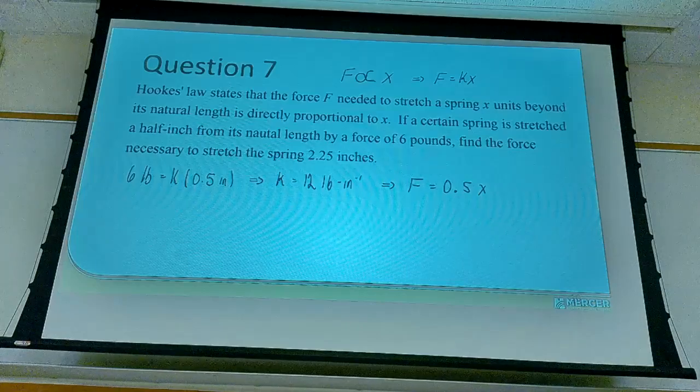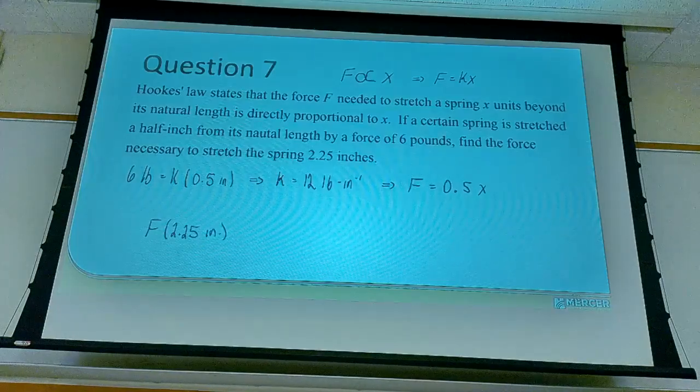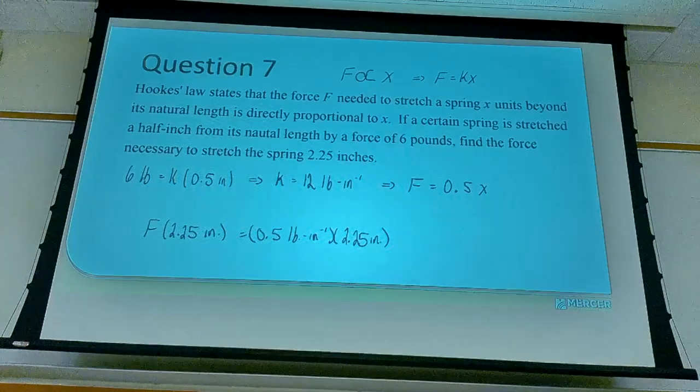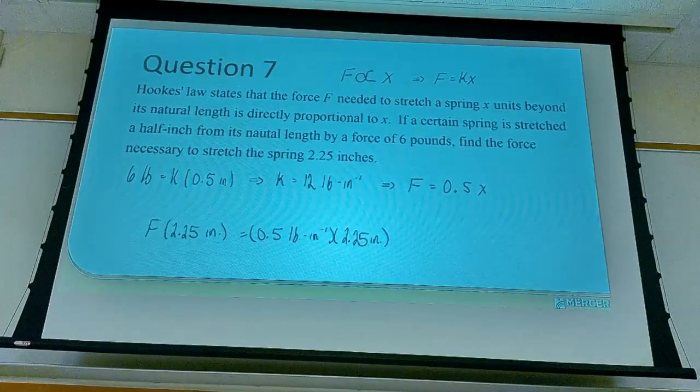So it would be 12 equals 0.5 times 2.25.